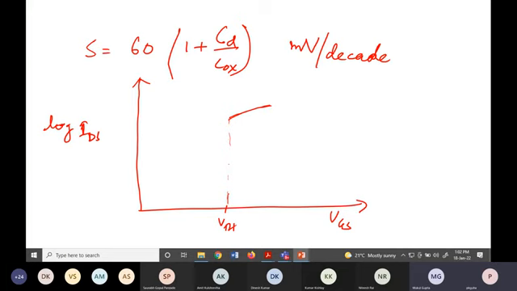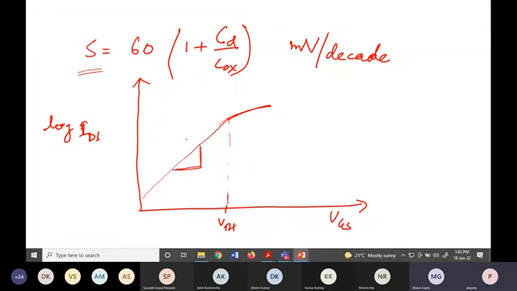In the log scale, that is only a change of a few milliamps probably, right? But below this VTH, it will follow this slope. So if you decrease by so many millivolts, the slope tells how many orders of magnitude the current is decreasing.